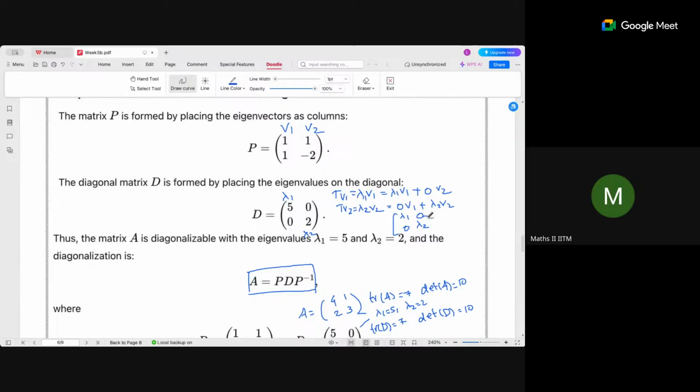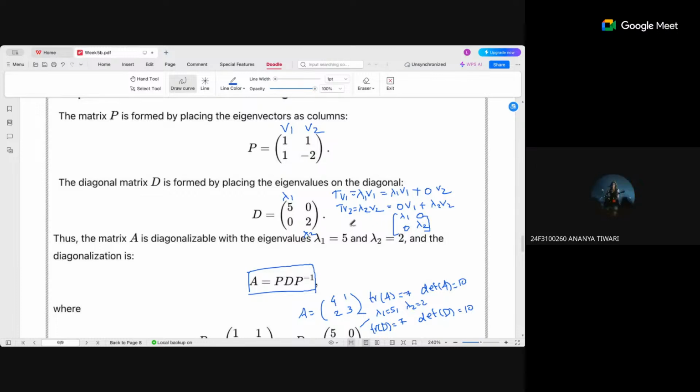Okay, ma'am, this is the explanation of the reason behind it, that I understand. This is a general scenario, but can we directly write the matrix D with the eigenvalues? Yes, that's what I have explained just now. Whether you follow the process or not, the final resulting matrix is this. Okay, got it, ma'am.